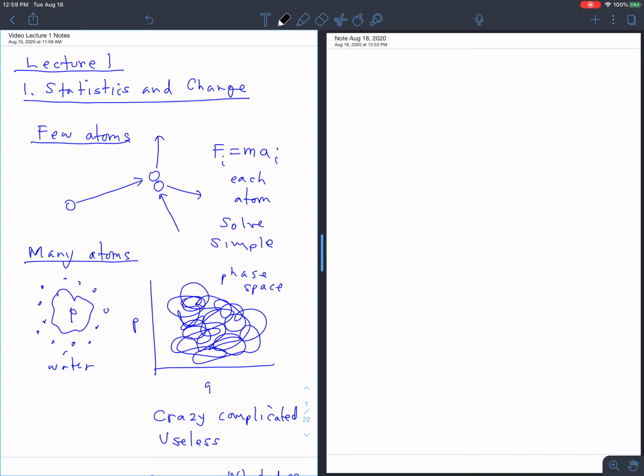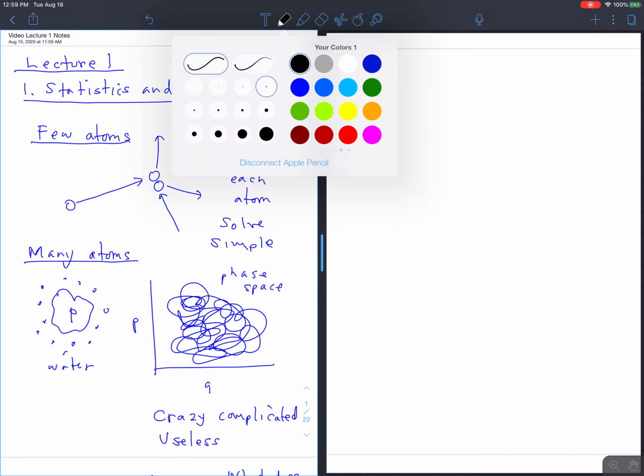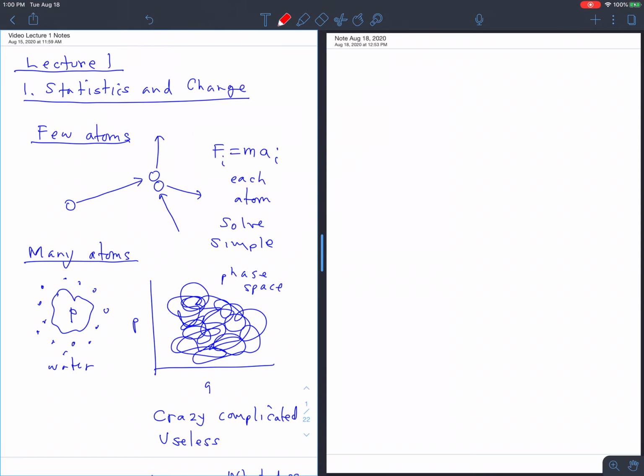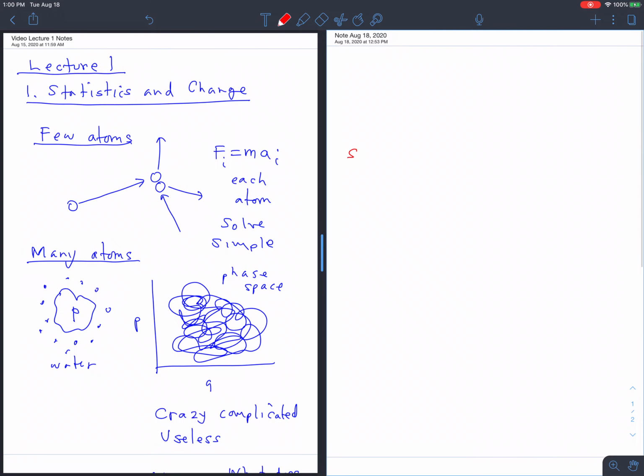All right, so we're going to be dealing with cases where we have lots of atoms. And so on the microscopic scale, they're very complicated. If you have only a few atoms, then you can solve the classical equations of motion, for example.